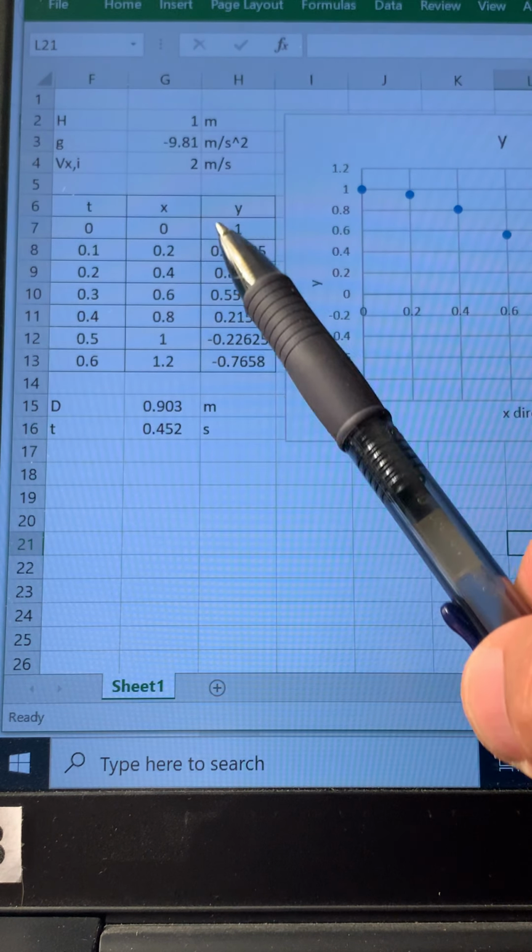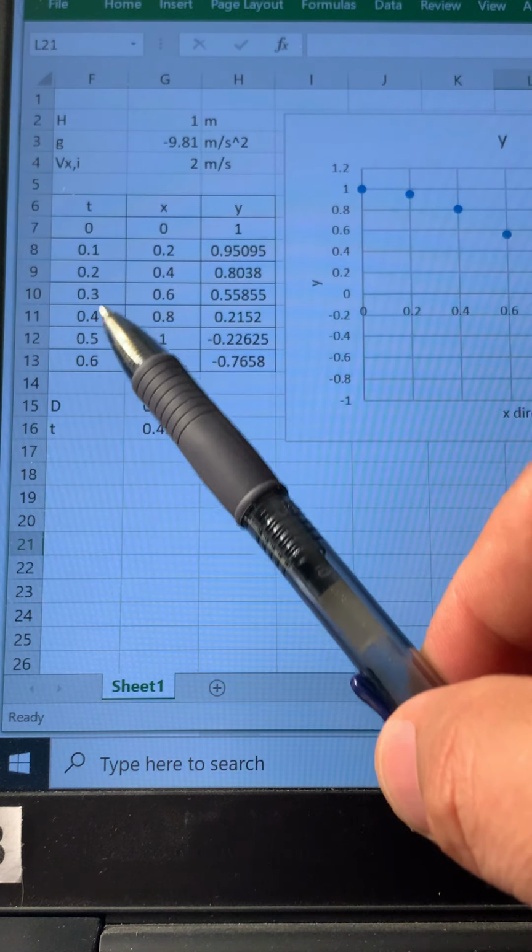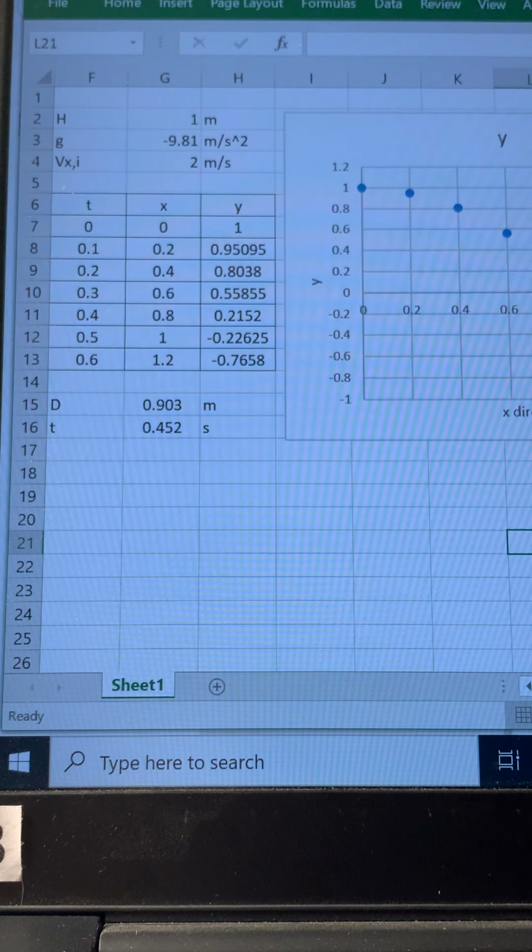So then I just made a little table. I just said time, and I incremented time by 1/10 of a second. And then I calculated x. So again, basically the x and the y motion are separate from each other.